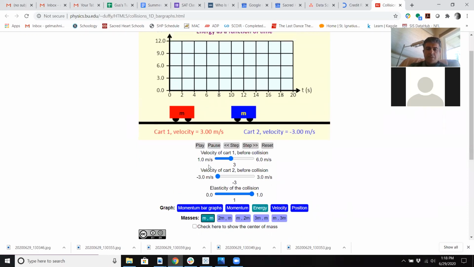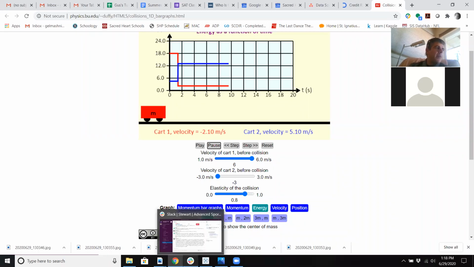Let's play it that way. Yeah, again, you see that they all stay the same. But if I do this, you see the total kinetic energy drops by quite a bit. Or if I do this, again, the total kinetic energy goes down by a fraction. So you can see that graphically it's also confirmed as well.